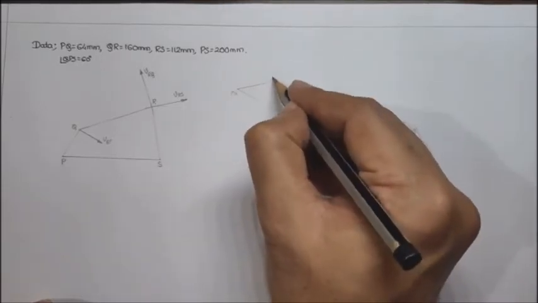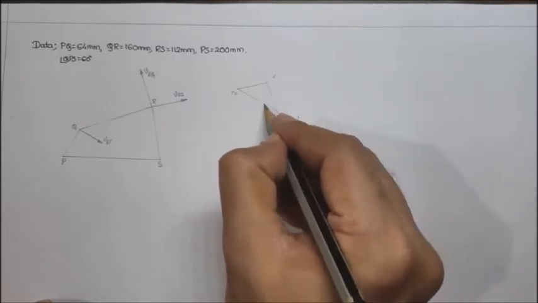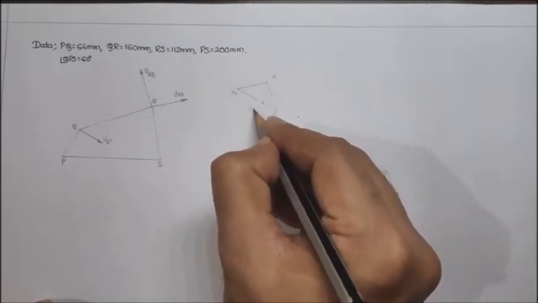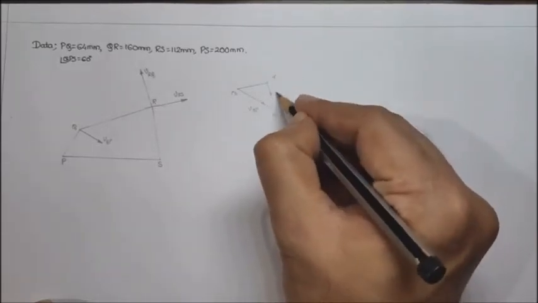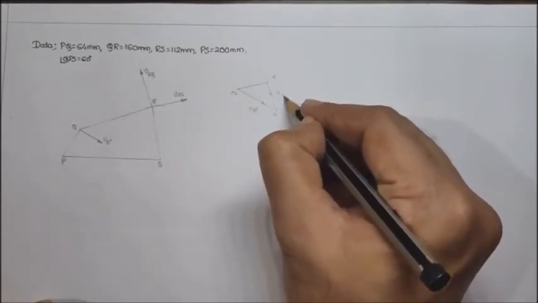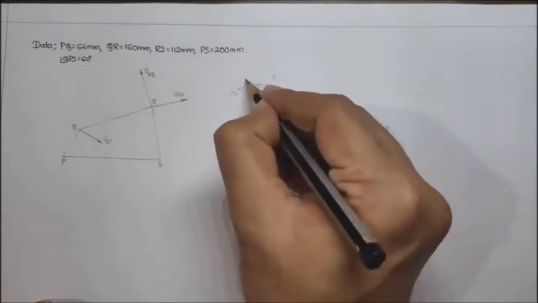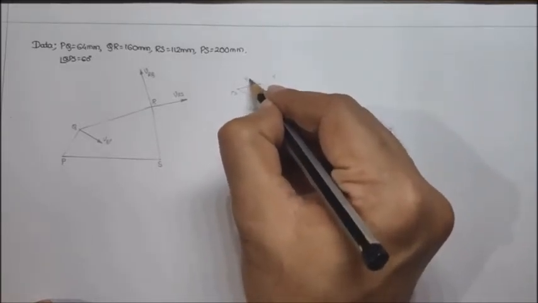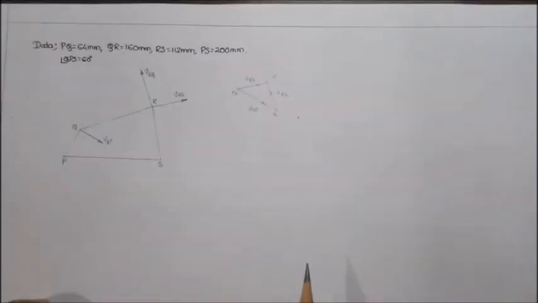This will be point small r, this is Q, and we know it is downward here, velocity of Q with respect to P, and this one was velocity of R with respect to Q, and this one was velocity of R with respect to S. So this was the direction we had.